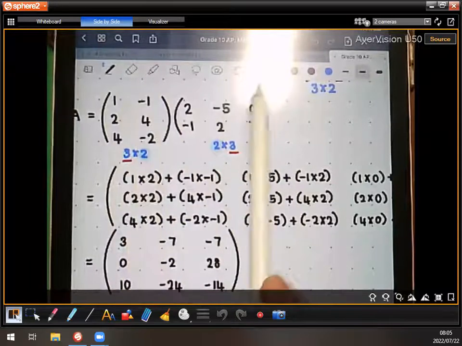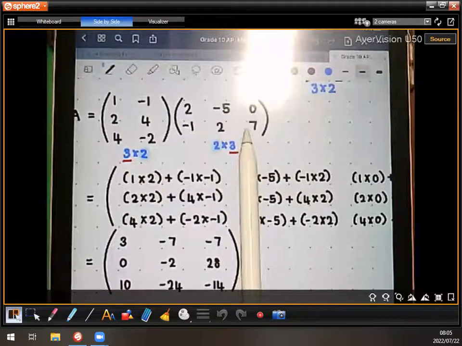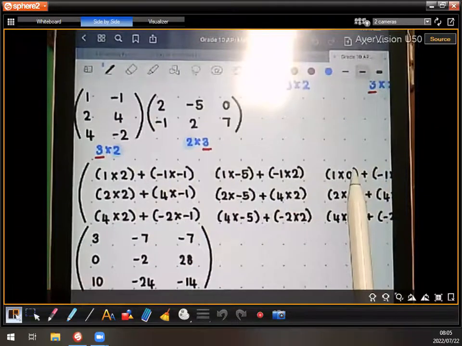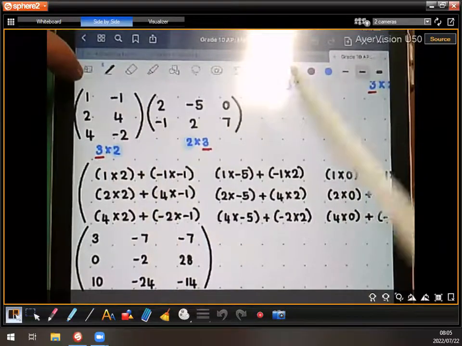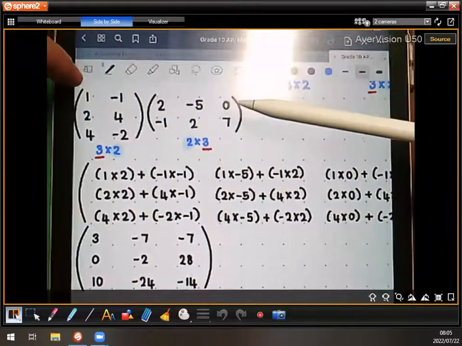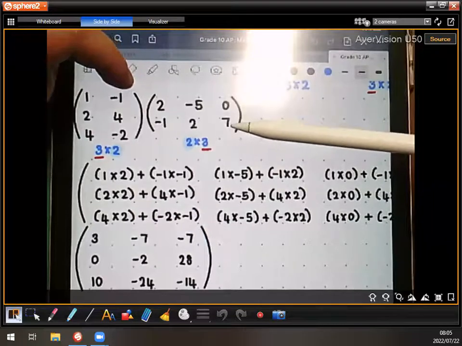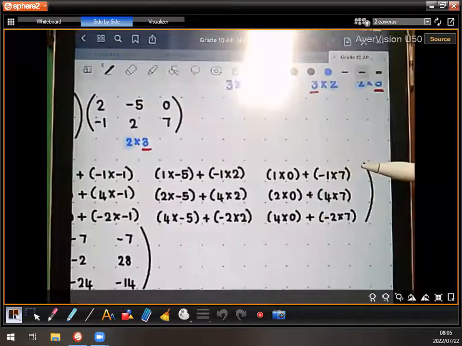First row, third column gives you the answer in the first row, third column. You do that number times that number, so 1 times 0 plus -1 times 2. And I did write it out there.